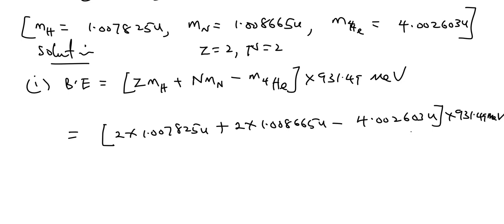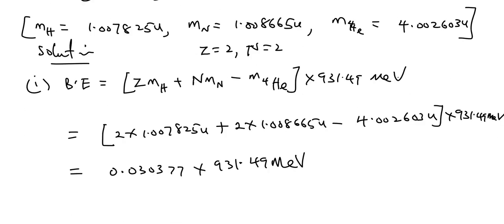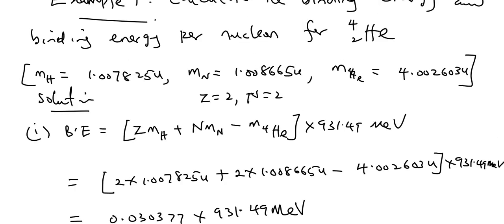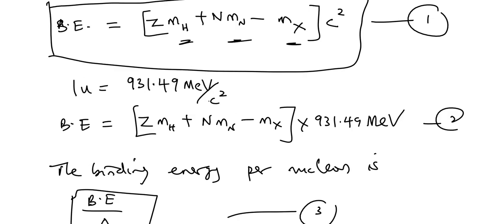So if you do the arithmetic, you obtain 0.030377 U, then multiplied by 931.49 MeV, because we said 1 U is 931.49 MeV per c squared.